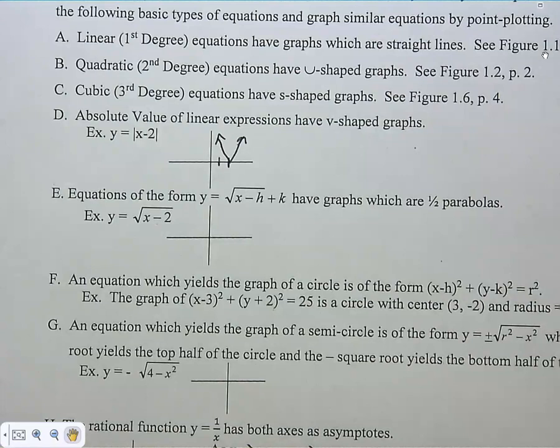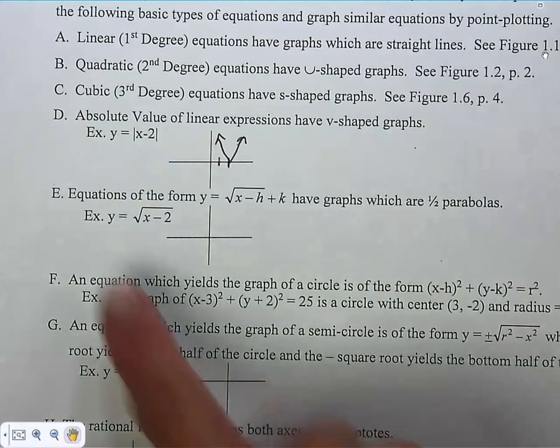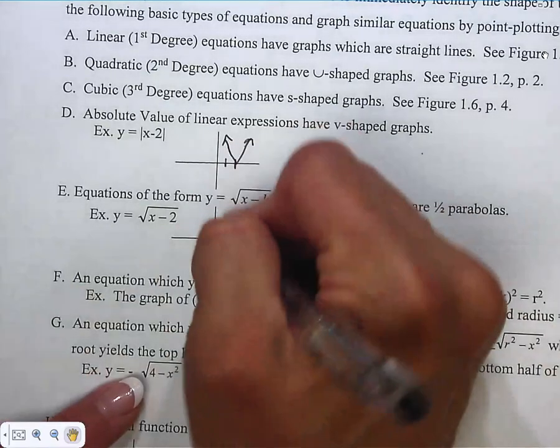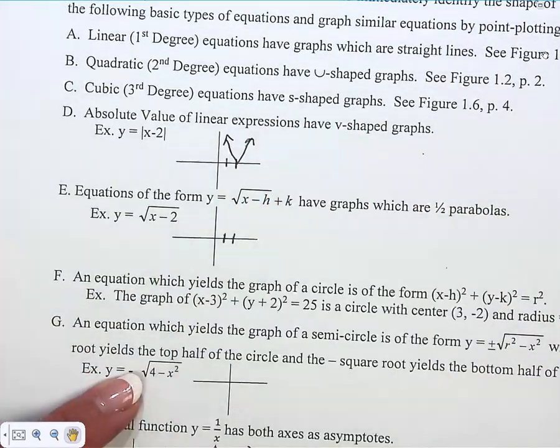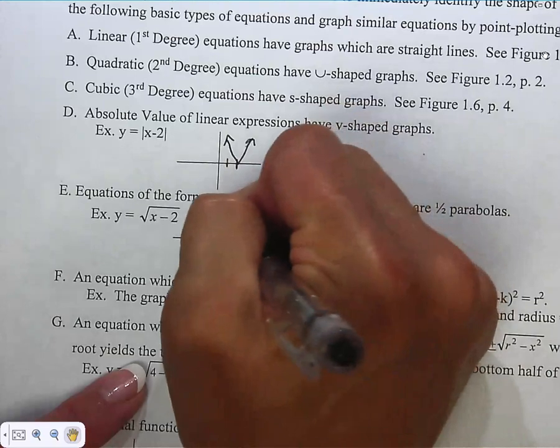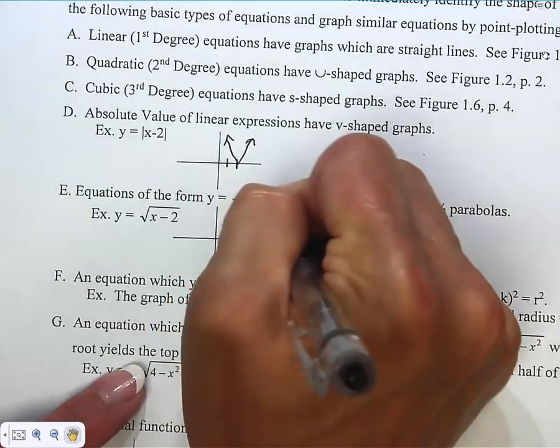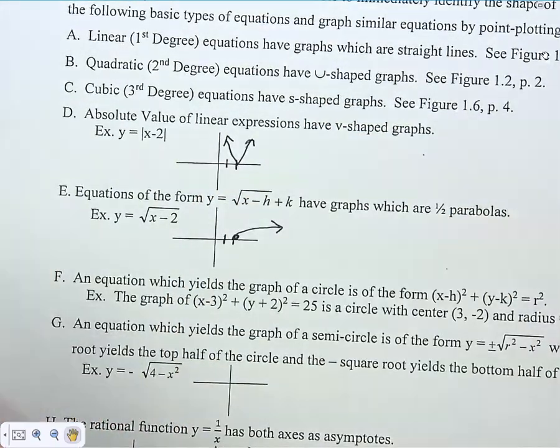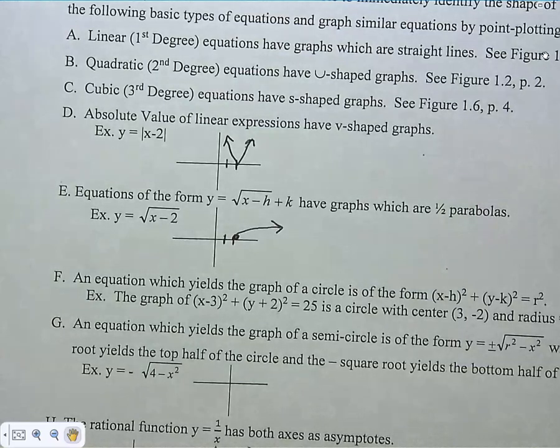Whatever's added or subtracted on the end, outside the radical or outside the absolute value, that's your vertical shift, and it works like you expect it to. Adding moves the graph up, subtracting moves it down. So square root of x minus 2, the quick mental image that I need to have in my head is just that's half a parabola shifted 2 places to the right.